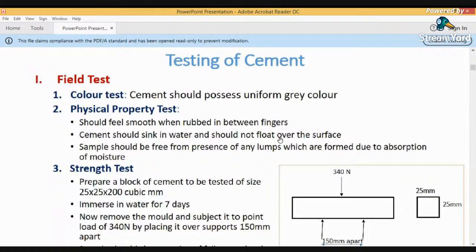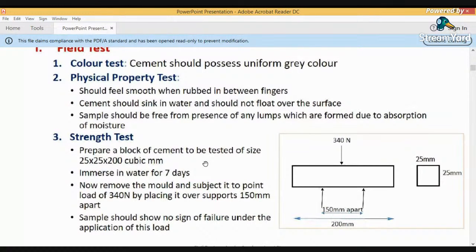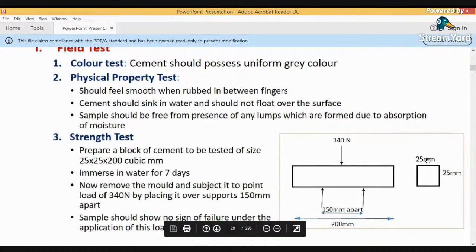The third test is called the strength test, and the strength test is generally done in the field by preparing a block of cement. As for the block size, if you see the side view, it is 25 millimeter by 25, and the length of this block should be 200 millimeter.